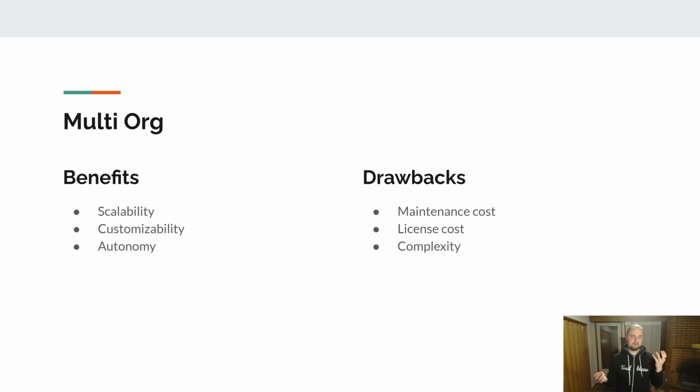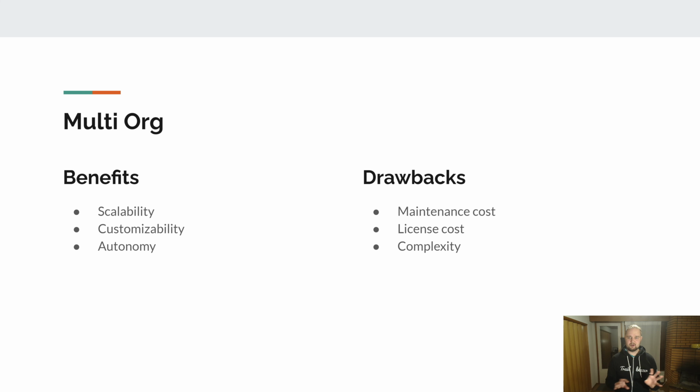We might be able to fulfill our business requirements better and have a better performance in the org if we have multiple Salesforce orgs. The customizability, every single department can potentially customize the system according to their own requirements.